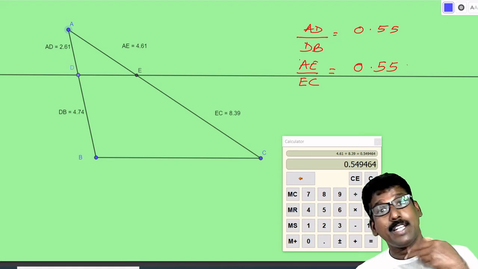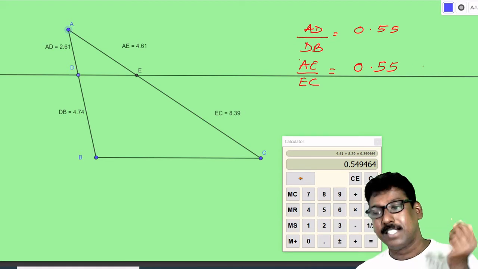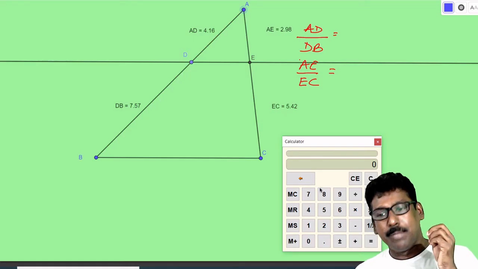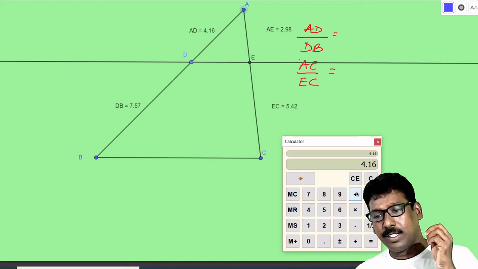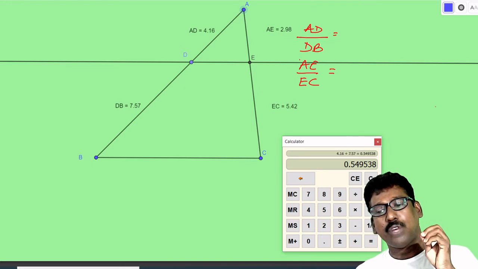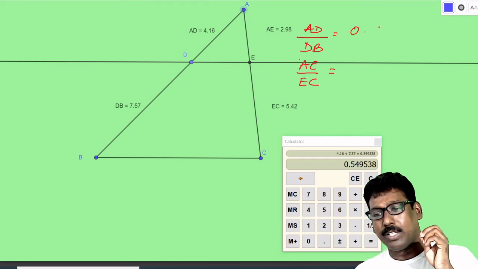Now let me take one more case. Here, what is AD by DB? AD is equal to 4.16 divided by DB is equal to 7.57. So, it is equal to 0.5495. Corrected to two places of decimal, you can write it as 0.55.